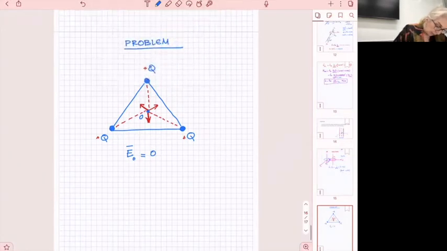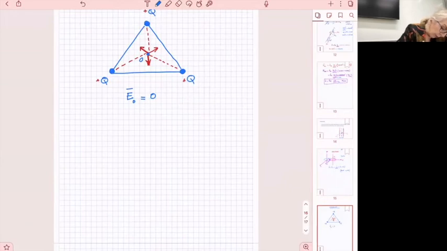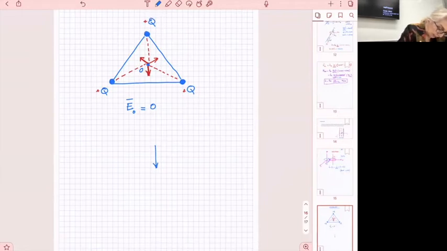Here, let me do it. If I just take only this piece, and I write it down here, this is going to be the direction of one component that comes from the upper charge.